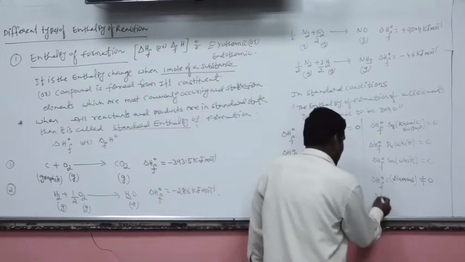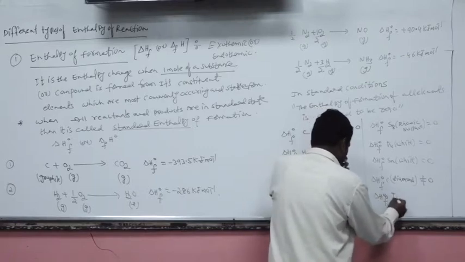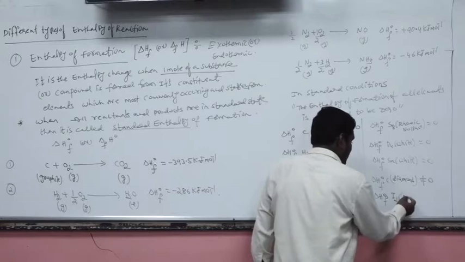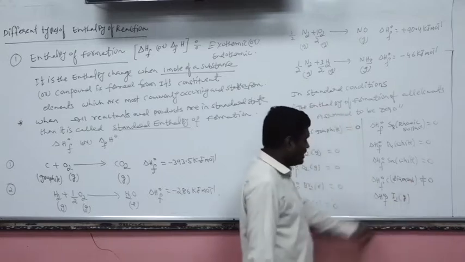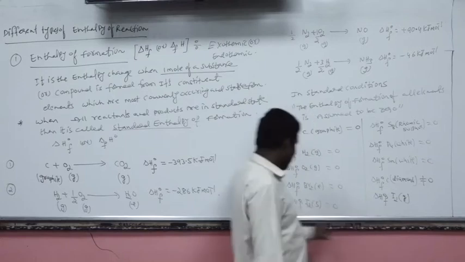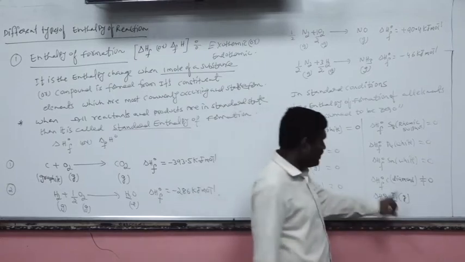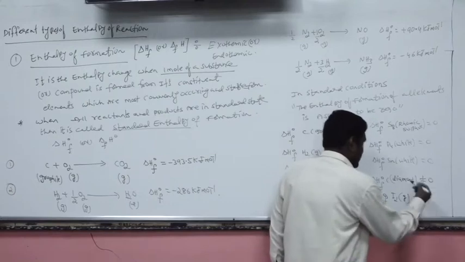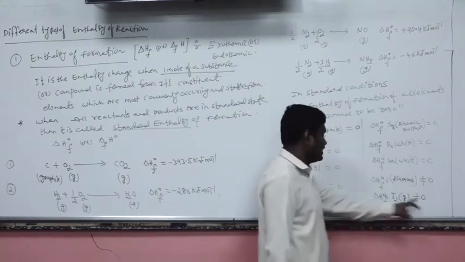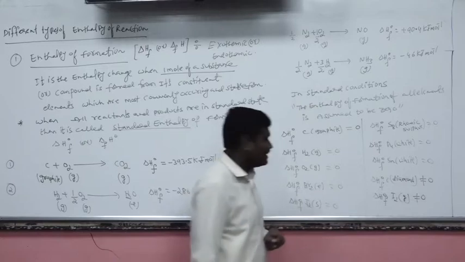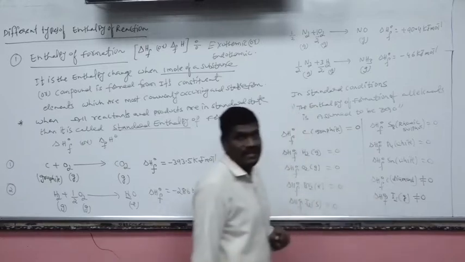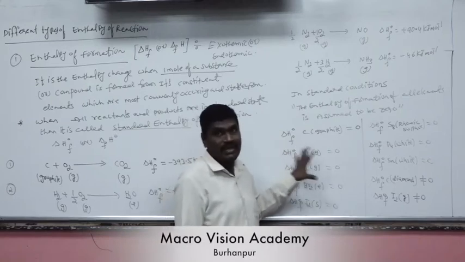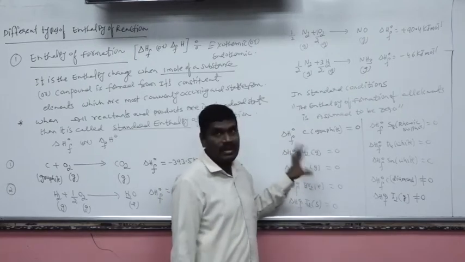Suppose the standard enthalpy of formation of I2, but here I am writing gas. The standard state of iodine is the solid state, but not the gaseous state. Suppose if it is given in the gaseous state, then we should not consider it zero. We should consider it non-zero. That means the physical state is very important. It is only applicable for elements. That is also very important. It is not valid for compounds.